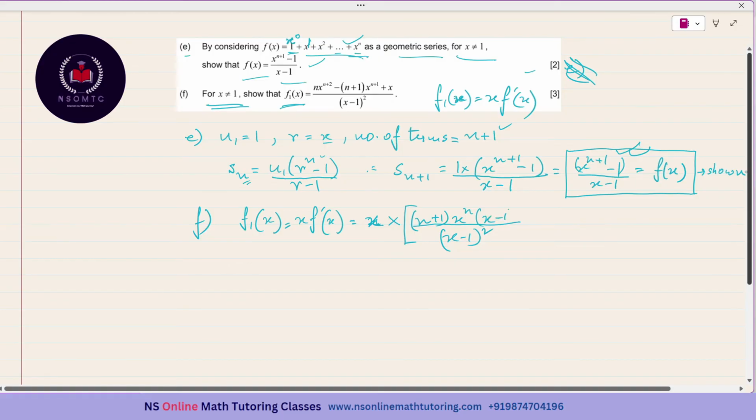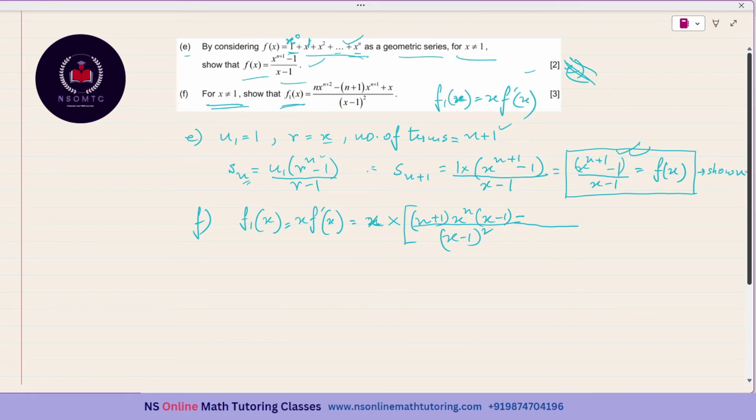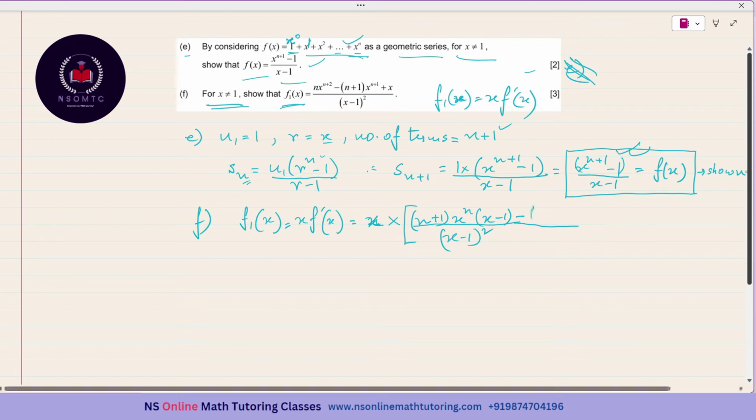So it is x minus 1. And then minus, now the denominator has to get differentiated. The derivative of x minus 1 is definitely equal to 1. And the numerator stays x to the power of n plus 1 minus 1.